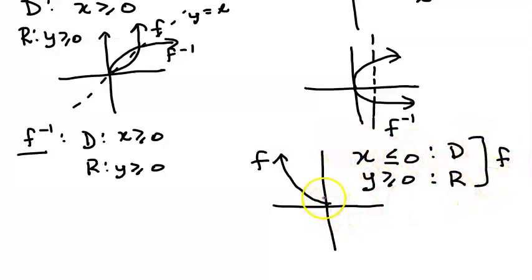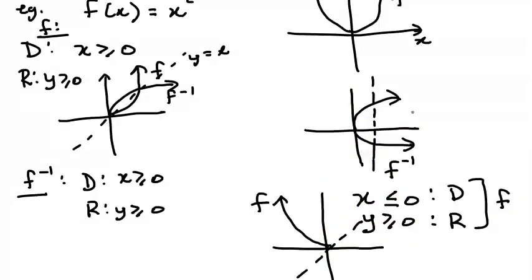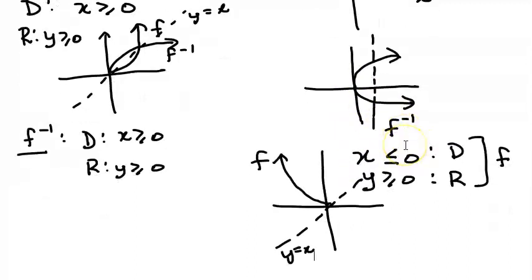Now remember that the function and its inverse is going to be reflected about the line y equals to x. So there's the line y equals to x. So let's see now. The reflection, as we can see from what we've drawn already, is going to be this part here. So it's going to look as follows.